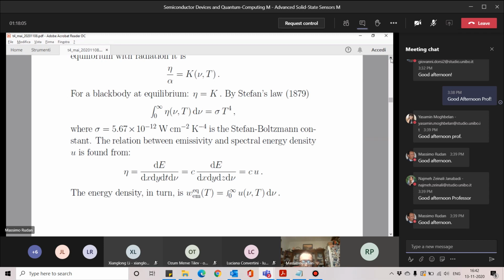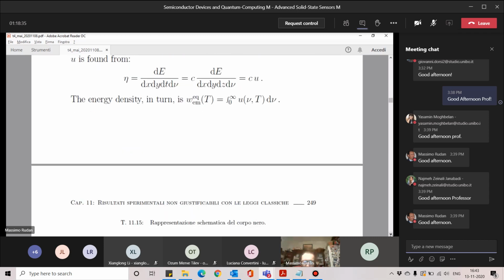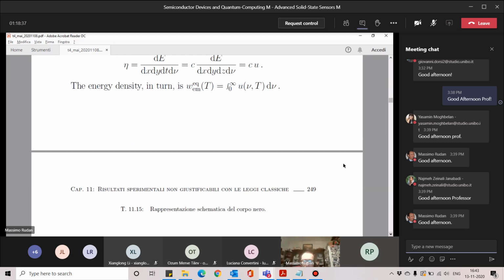In conclusion, for a black body, capital K is equal to eta, eta is equal to the product c times u. That means that we must calculate eventually the spectral energy density, okay, of the black body, and then we multiply it by c to obtain K. Why is all of this necessary?